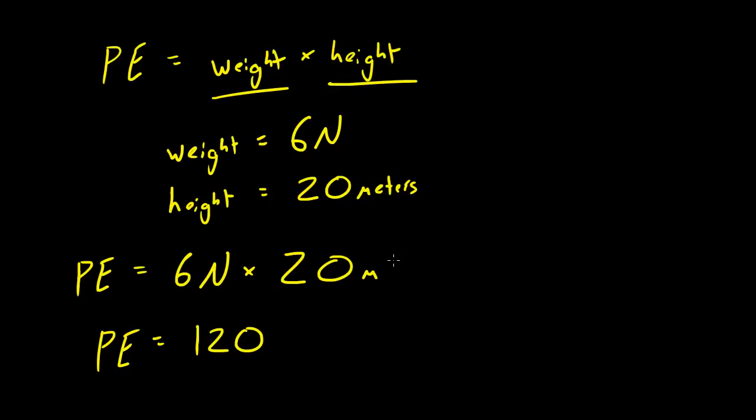And if you remember from the last tutorial, whenever you have a newton times a meter, you end up with a joule. So this apple has a potential energy of 120 joules. There is 120 joules of energy stored in this apple. That's how much potential it has.